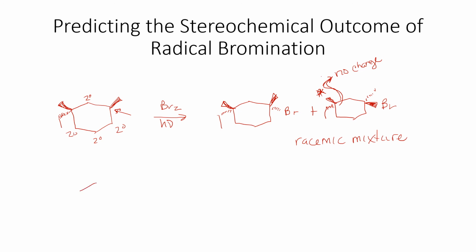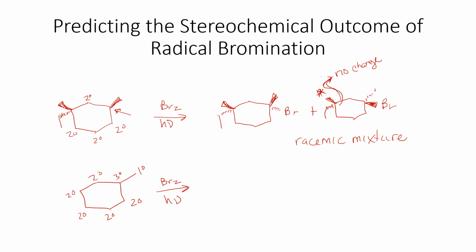So let's practice again using this structure here. Predicting the stereochemical outcome of bromination. Again, what you do is identify the regiochemical outcomes. That means the position that will give us the more stable radical. So the one that gives us the more stable radical is where bromination will occur. So again, we have secondary, secondary, secondary, secondary, secondary. This is tertiary.